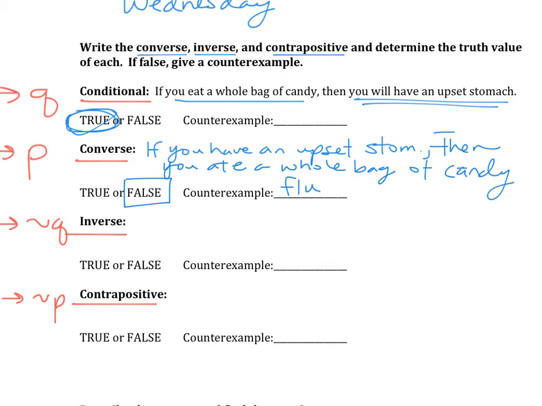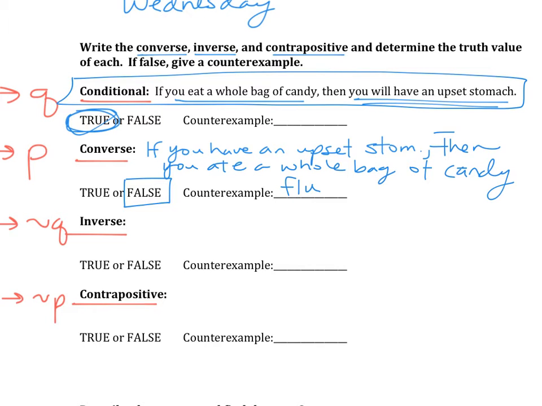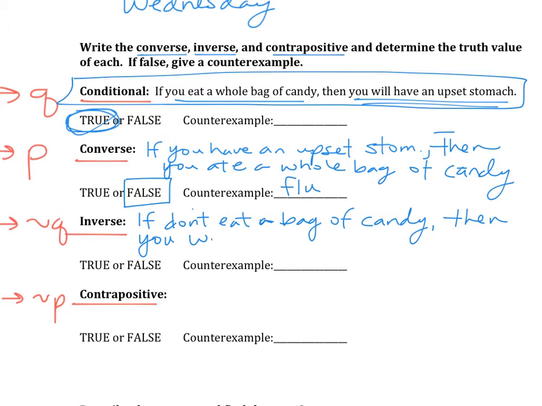Okay. The inverse then is going to go back to this original conditional and negate both parts. So if you don't eat a whole bag of candy, then you won't have an upset stomach.